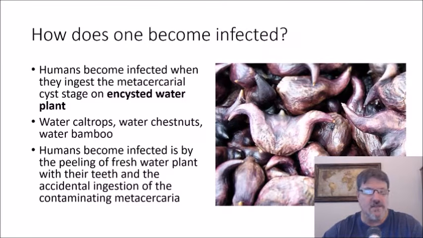Water chestnuts and water bamboo are some other types of water plants. Humans become infected by peeling of the fresh water plant with their teeth and the accidental ingestion of the contaminating metacercaria.